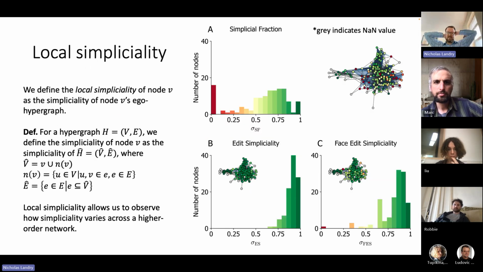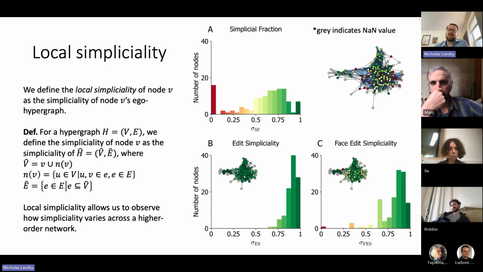So lastly, I'd like to leave you with local simpliciality as a measure of how simpliciality is distributed on a given network. We define the local simpliciality of node v as the simpliciality of its ego hypergraph. So I take a node, I look at all of its neighbors and the induced hypergraph on that, and I look at the simpliciality of that.